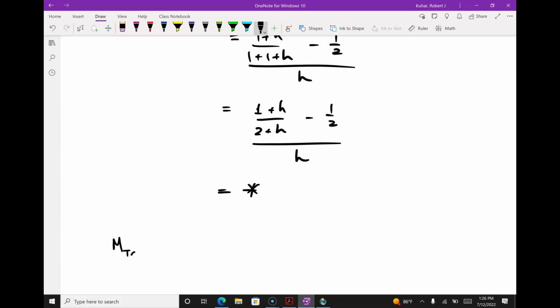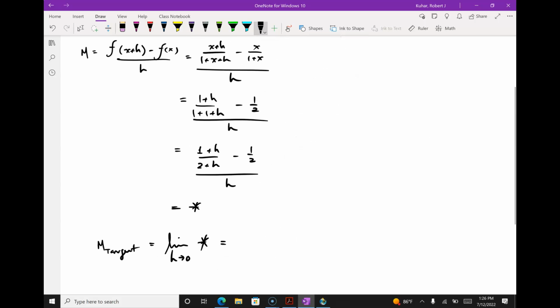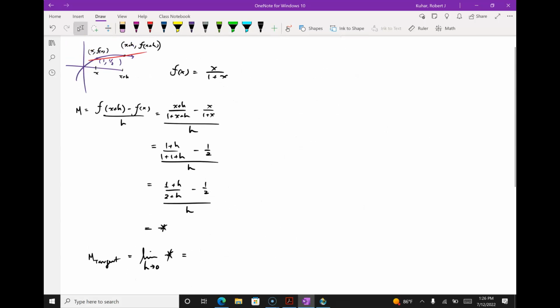So the slope of the tangent is the limit as h goes to 0 of star. I may have confused you a little bit, but yeah, question. Yes, and if I'm going too fast, don't let me run you over, right?